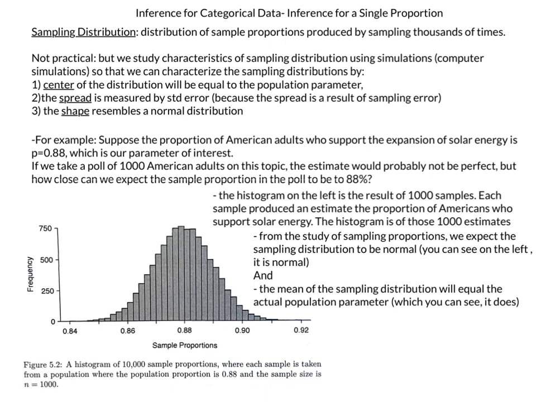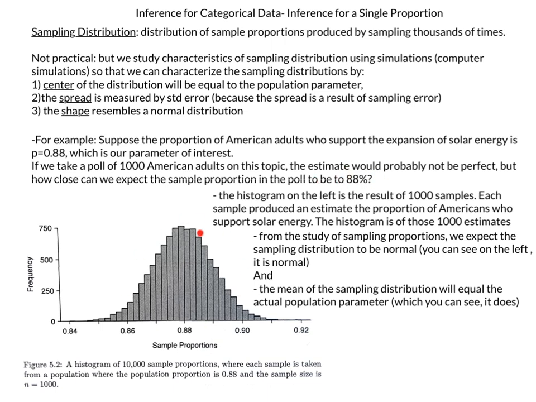So for example, suppose the proportion of American adults who support the expansion of solar energy is 88%, which is our parameter of interest. In this case, p is equal to our proportion for our population, the entire set of American adults. If we take a poll of 1,000 American adults on this topic, so this is one sample with n equals 1,000, the estimate would probably not be perfect, but how close can we expect the sample proportion to be to the actual proportion of 88%?